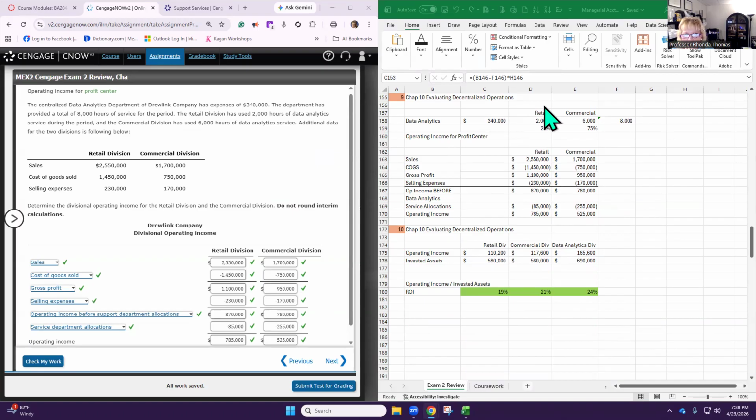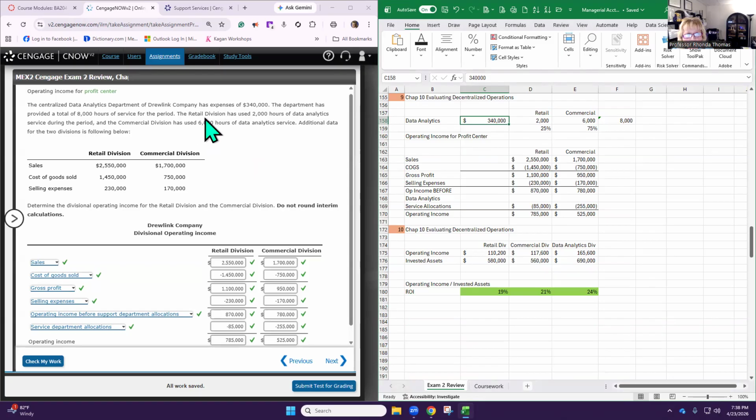So we've got 2 divisions, a retail and a commercial, and we've got a service department that needs its expenses allocated. So I put data analytics, $340,000, needs to be allocated over both of these.